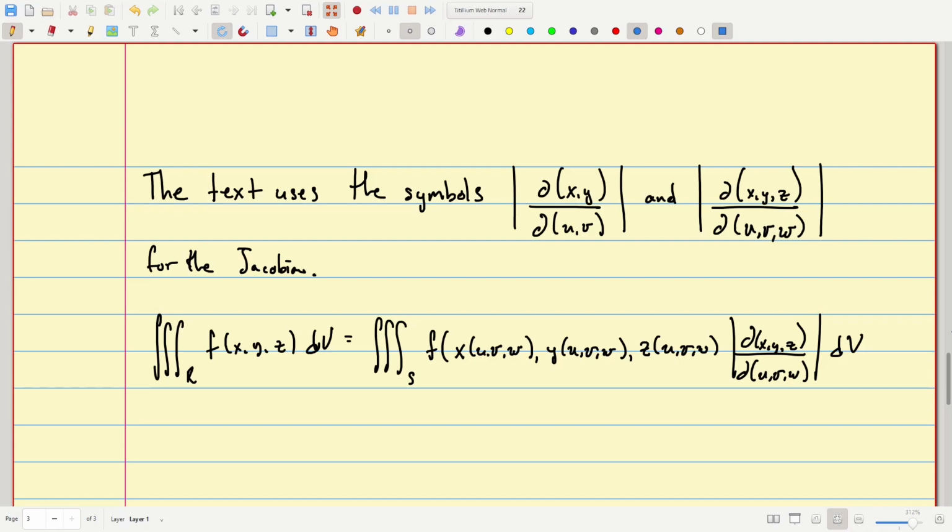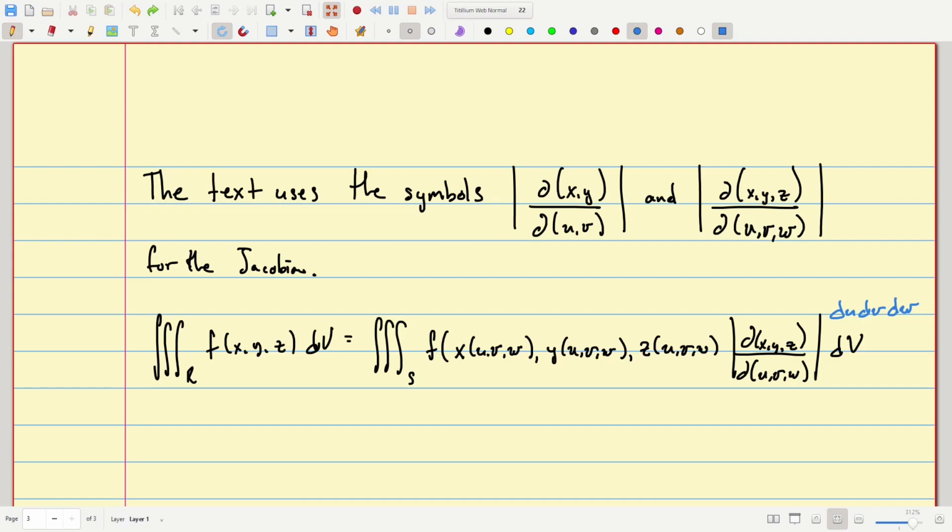So I'm going to write dV, but really it would be some iterated integral in the new variables. All right. Making sense?